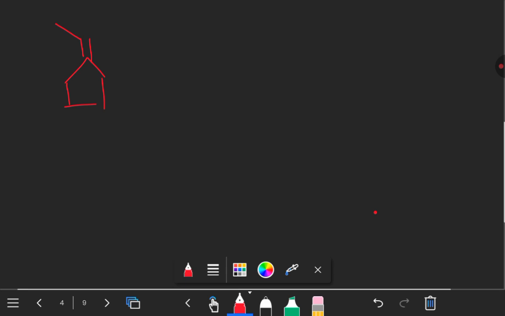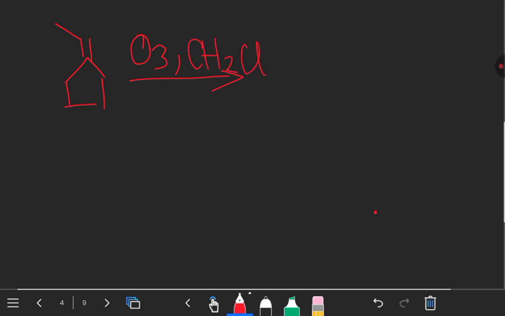Then it is reacting with O3, which is just ozone, then with CH2Cl2, then the temperature is at negative 78 degrees Celsius, of course with a methyl sulfide like that.